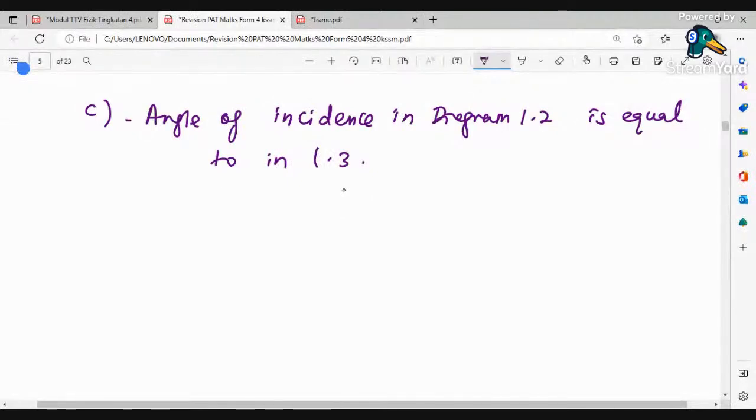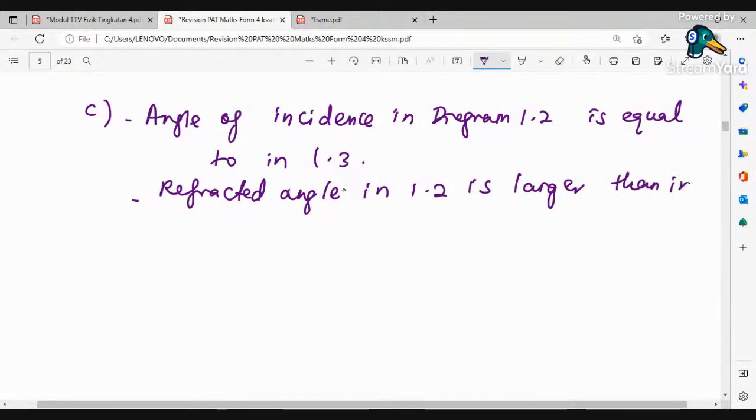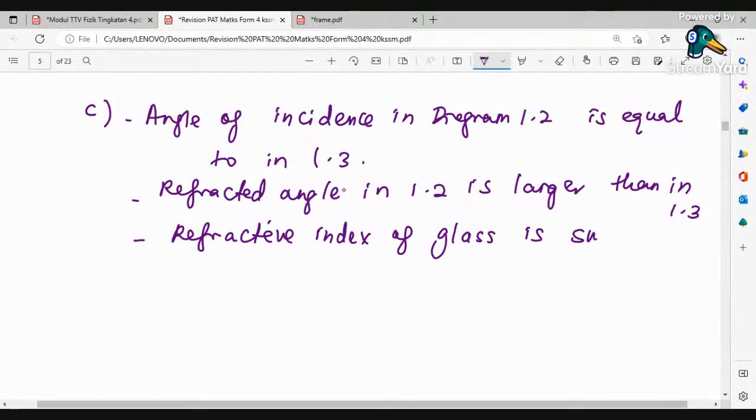Okay, second, refracted angle into glass is larger than diamond, okay, then refractive index of glass is smaller than diamond.